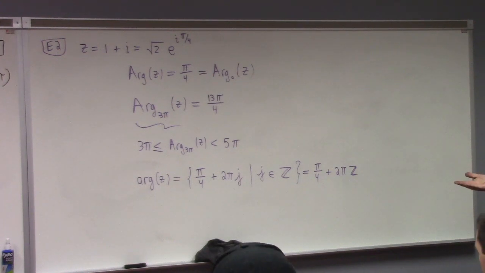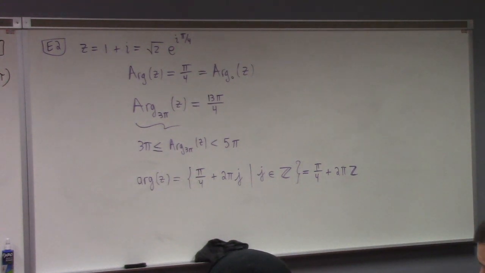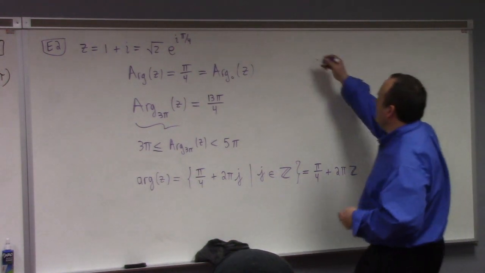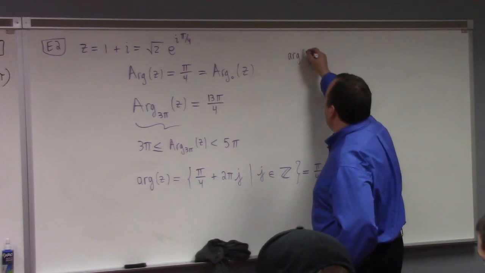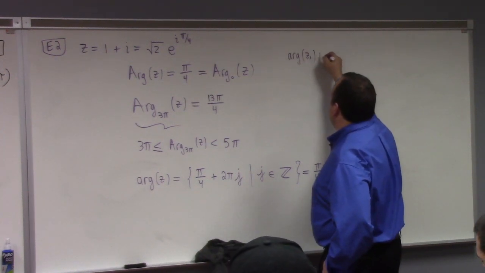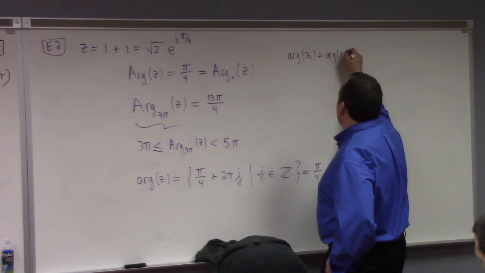We can also add sets, right? How would you add two sets? Union. No. That's not what I mean by it. If I do arg of z1 plus arg of z2, I don't mean union of those.